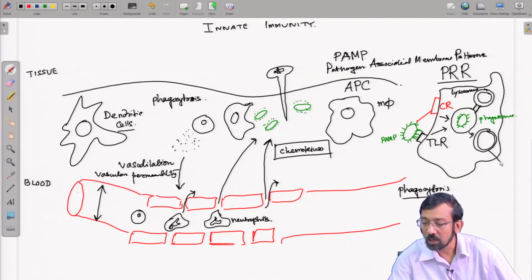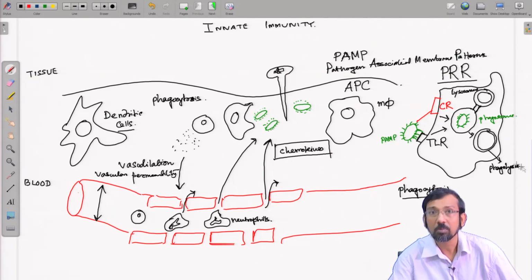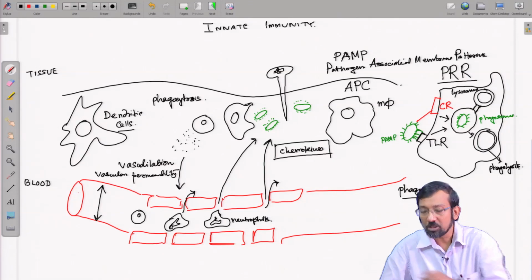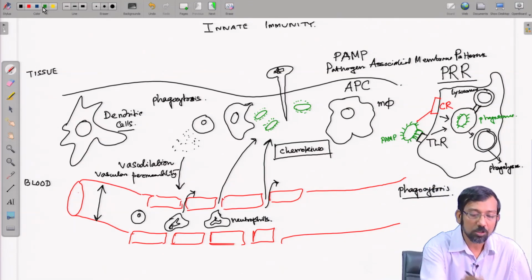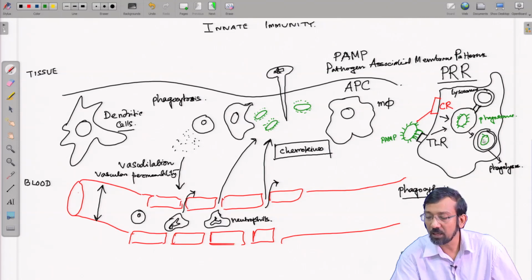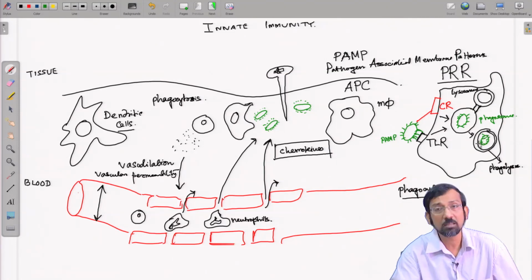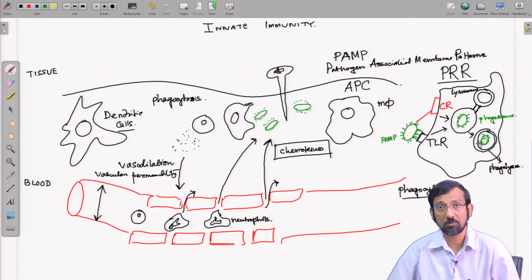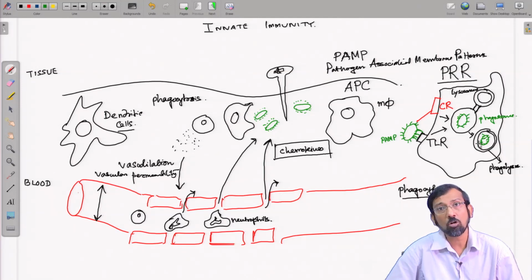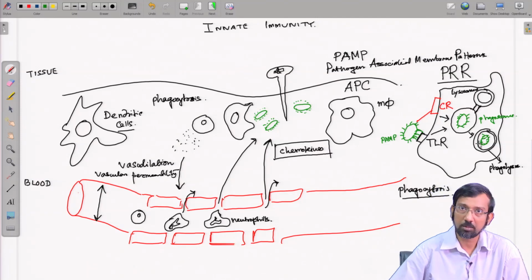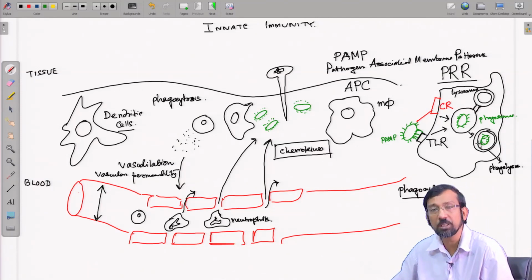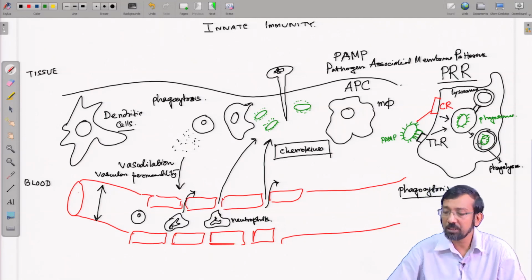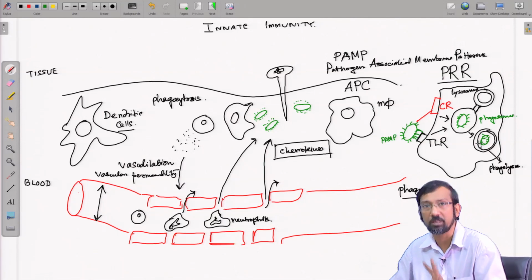Now, this is called a phagolysosome. This phagolysosome contains the bacteria which has been internalized, and now it degrades the foreign pathogen and all its components, like the proteins and the carbohydrates. Everything is degraded and chopped up into small pieces, into small peptides.